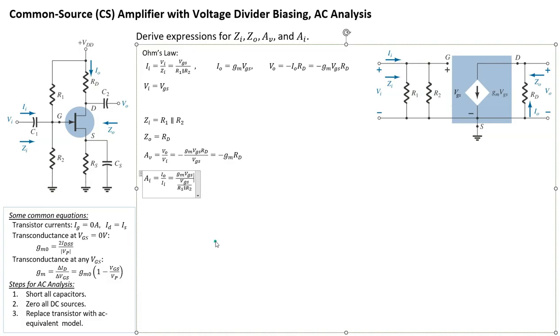VGS cancels out top and bottom, and R1 parallel R2 ends up at the top. So you end up with gm multiplied by R1 parallel with R2.